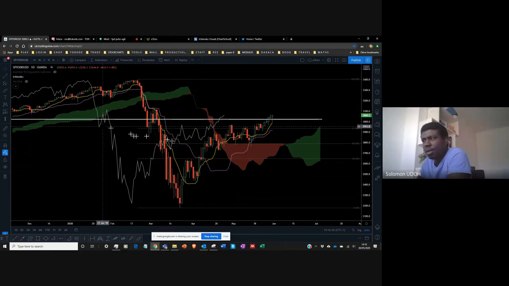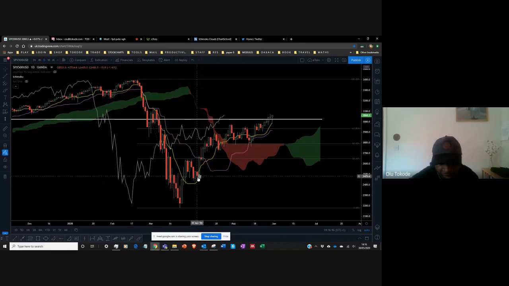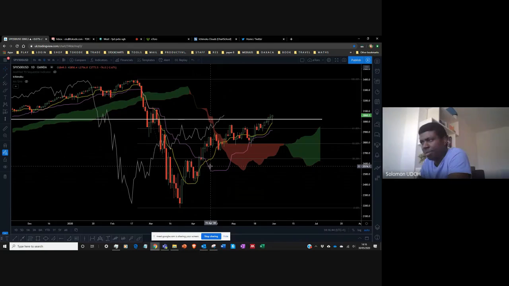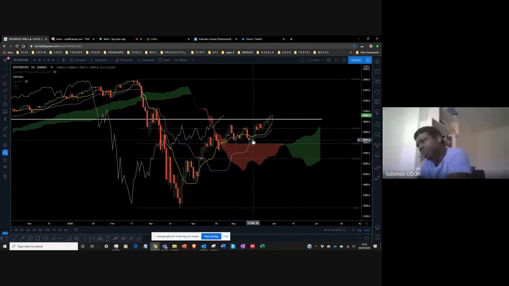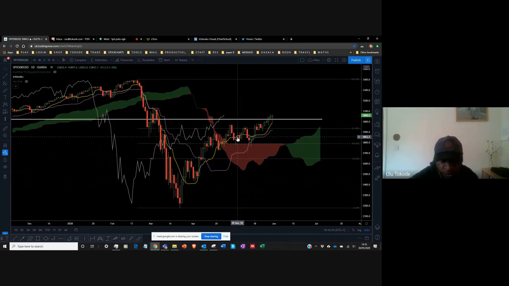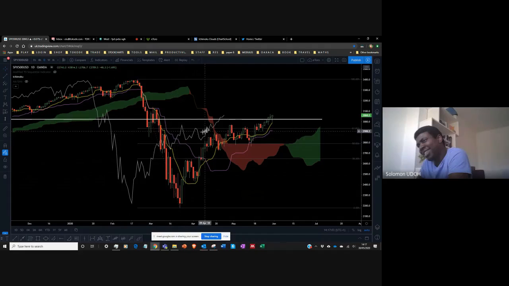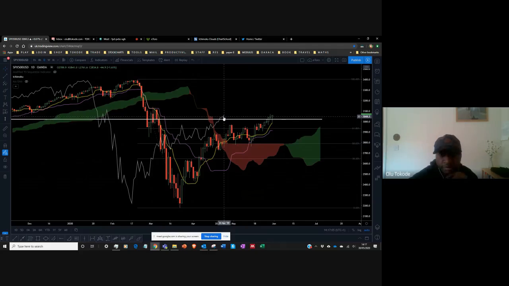So the first sign is the conversion line, that's the yellow, has crossed above the purple line, which is the baseline. The second thing you watch out for is when the price has closed above the cloud. The third thing you look out for is the lagging span has closed above price and out above the cloud.